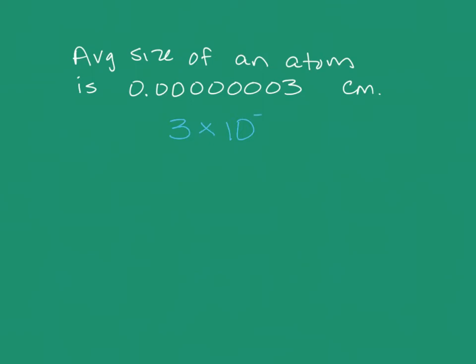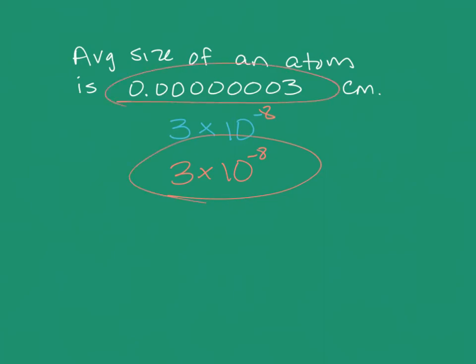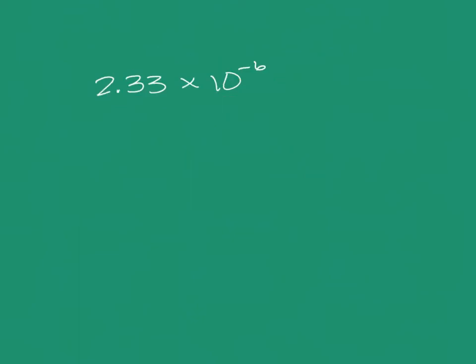So we're going to move it 1, 2, 3, 4, 5, 6, 7, 8 spots. So to the negative 8. So 3 times 10 to the negative 8 power is this number in scientific notation. Same number, written differently, and we get used to it.